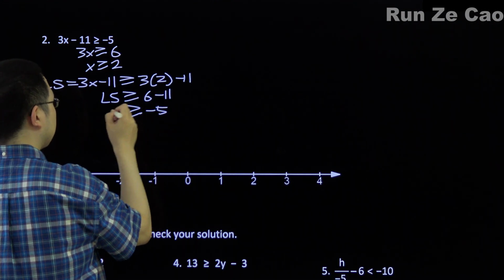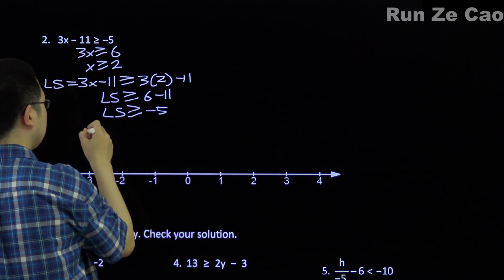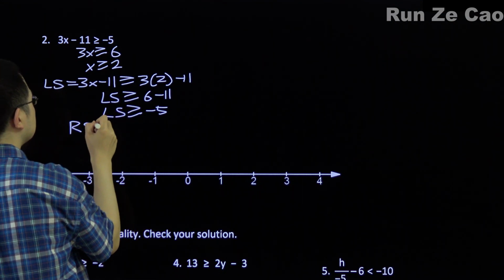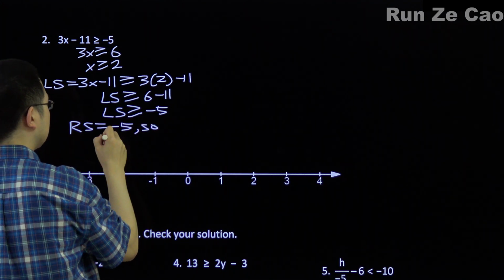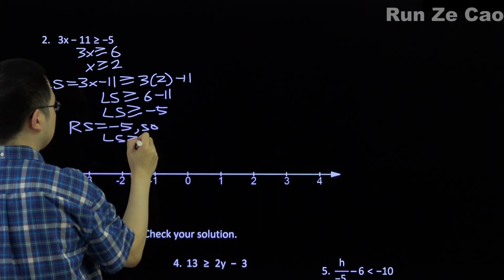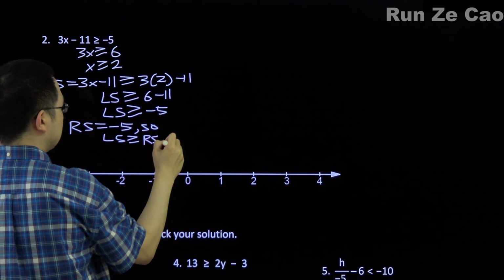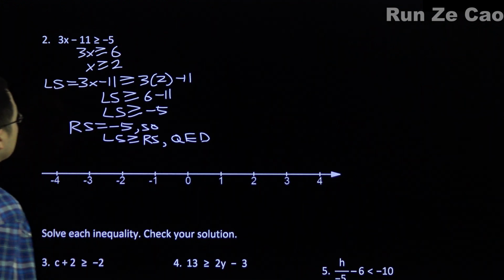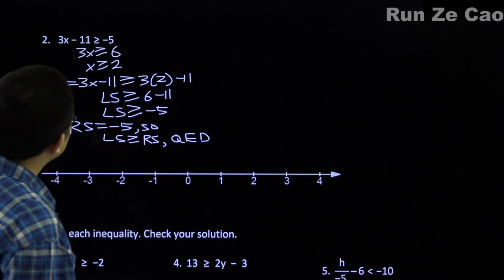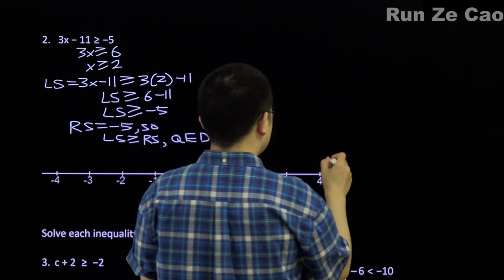So -5. Now right side is equal to -5. So left side greater than or equal to right side. Thus QED. Right, so the actual answer we got was x is greater than or equal to 2.